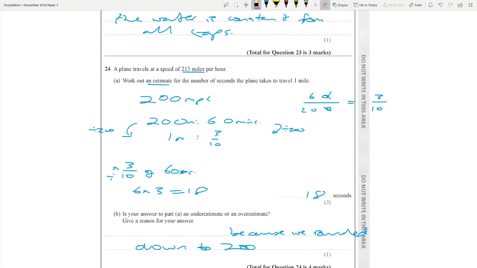Well, because we rounded the speed down, my mistake, it's actually an overestimate, because we rounded down to 200 miles per hour.